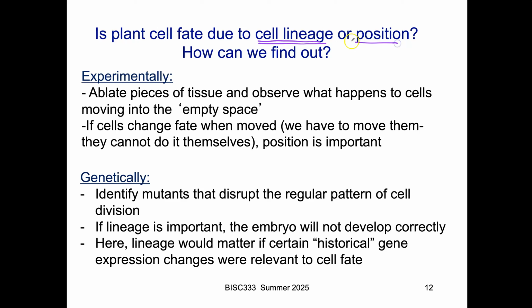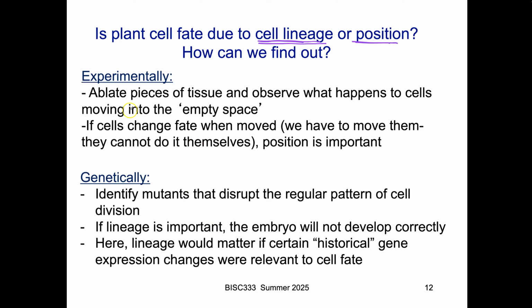Or is it generally signaling and communication? Because if it's signaling and communication, then when you move a cell to a new position, it will actually change its fate because it's receiving signals and information from the surrounding cells. But if it's due to cell lineage and it's already permanently shut off certain genes so it can only form X structure, then moving it is not going to cause it to change its fate.